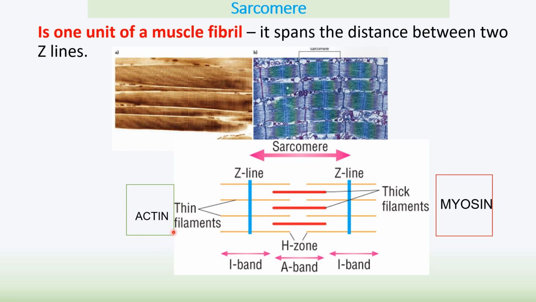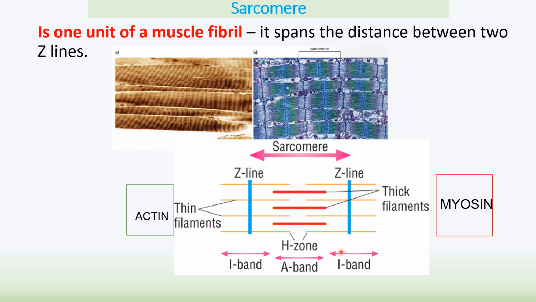And then in the middle of the sarcomere, there is this red bit here. There are the thick filaments, which is the protein myosin, and that's the one with the heads on it that we'll be talking about in a few minutes. So there are a couple of different bands that you need to know. The Z line is the end of each sarcomere. You've got the I band, which is here, but also over here, and that is just where there is thin filament.